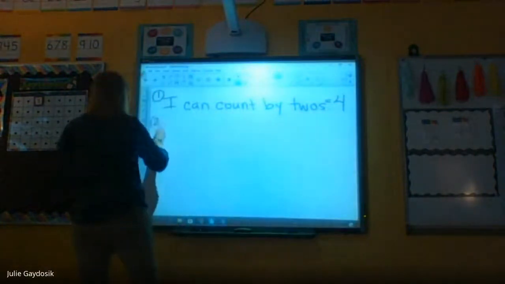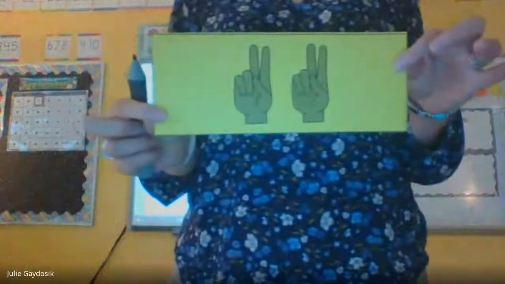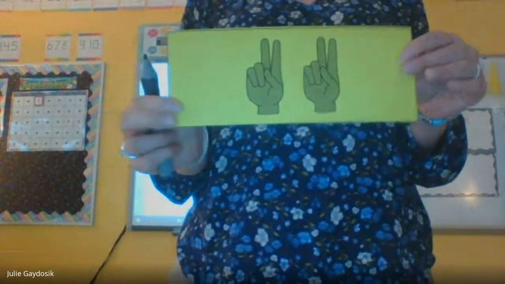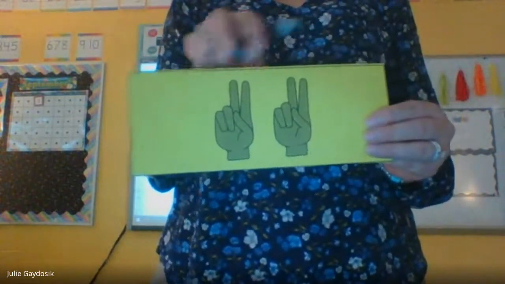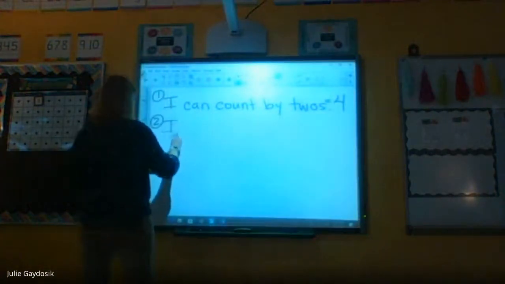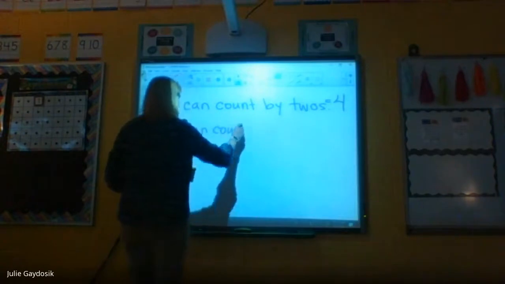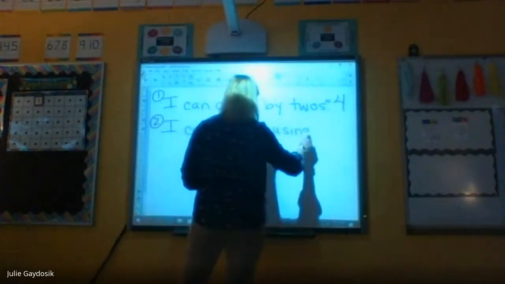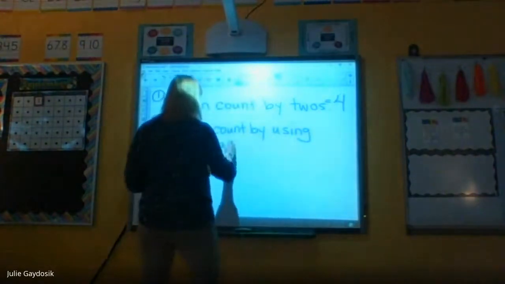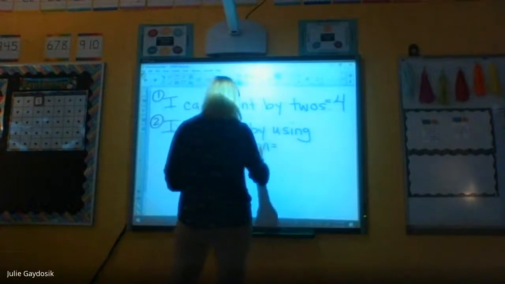What is another way you can count these fingers? That's right, I counted these fingers by using addition. I saw there's 2 here and 2 here, so I'm going to do 2 plus 2. So I can count fingers by using addition, right?